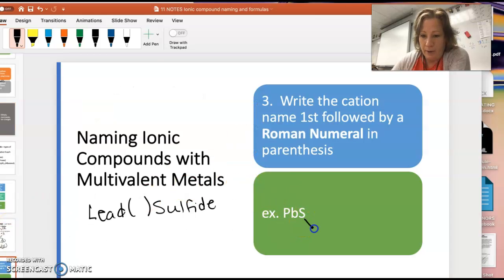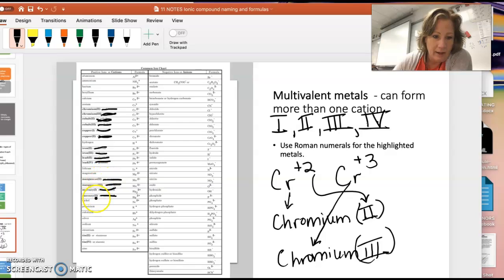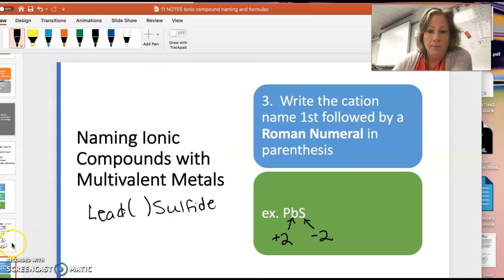If I know this is -2 and I know that compounds are electrically neutral, then this lead must be the +2 kind of lead. And if I go back here, I can see lead is either +2 or +4. So it is the +2 kind.